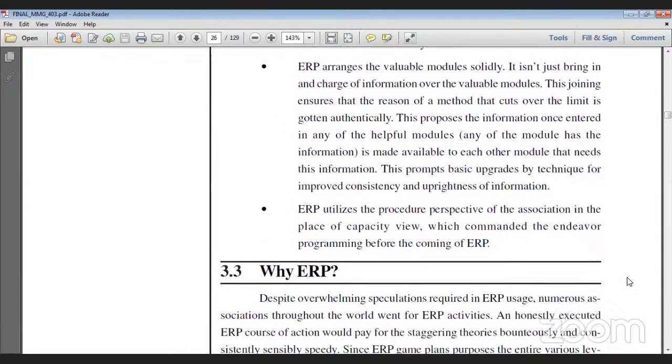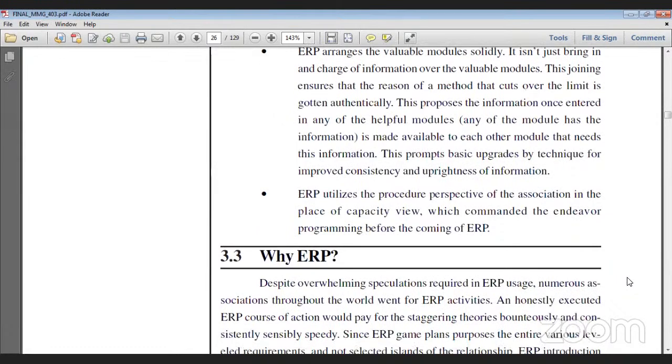Despite the overwhelming specialization required for ERP usage, numerous associations throughout the world went for ERP activities, that is enterprise resource planning.